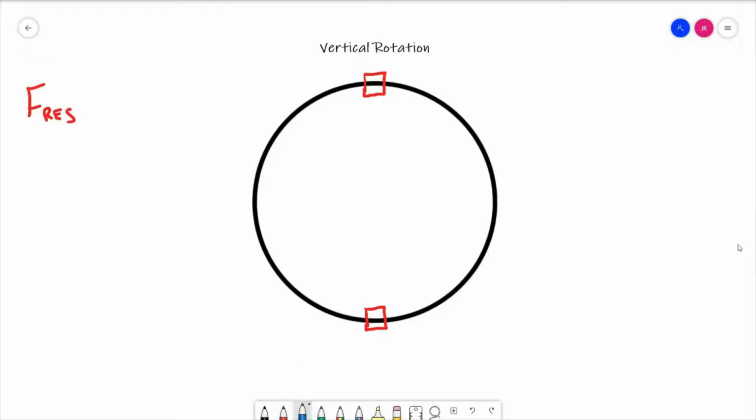Let's have a look at the one at the top first and draw a line to the centre of the circle. Now we've said that we already know that there are two forces acting. We have the weight, which will always be acting straight down, mg, and we also have the tension, which will be acting in the string or whatever it is that's keeping it moving in a circle.